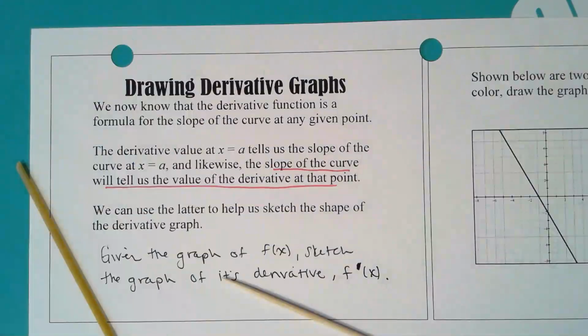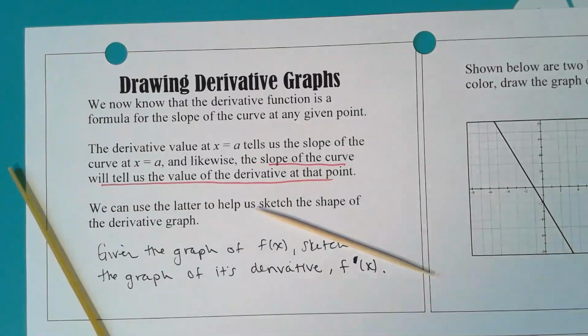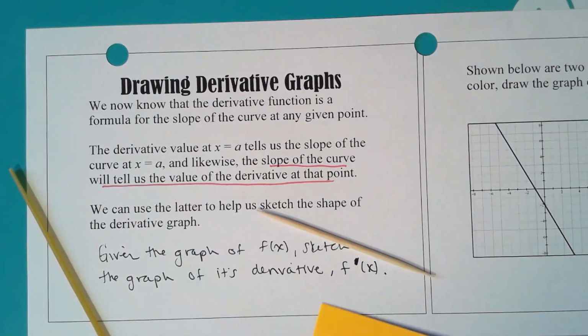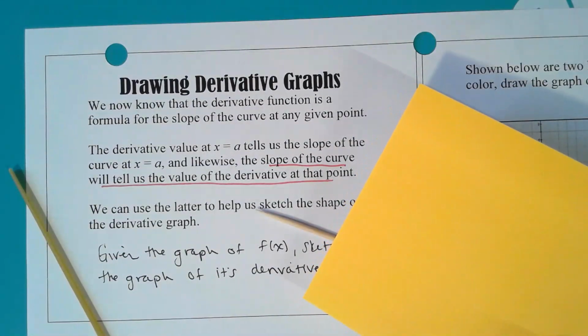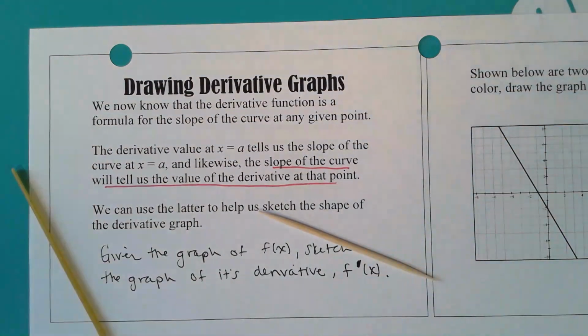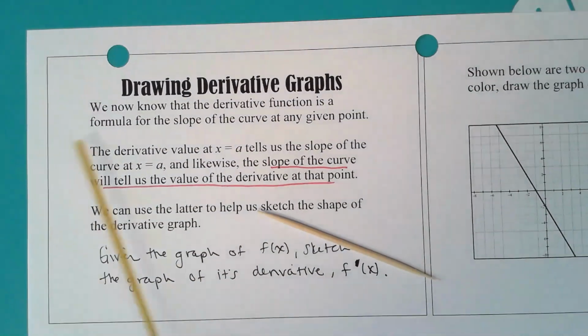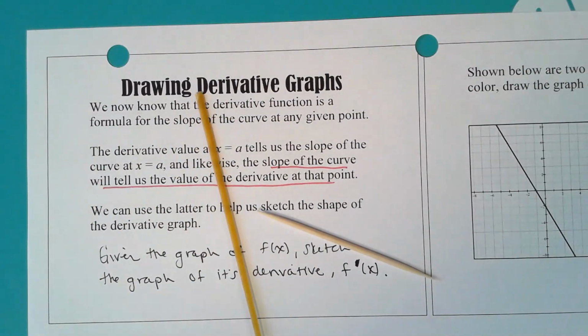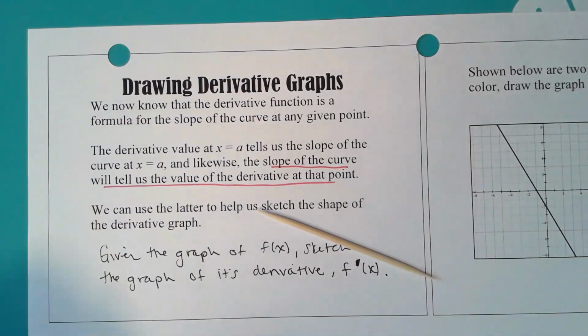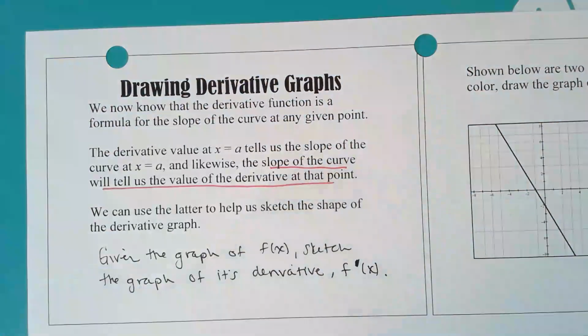You could also use a toothpick, or just a straight edge. You could grab a Post-it note, or just a piece of scrap paper would work as well. So something straight that we can use as a line. So you'll need two things: a different color, and some sort of straight edge.